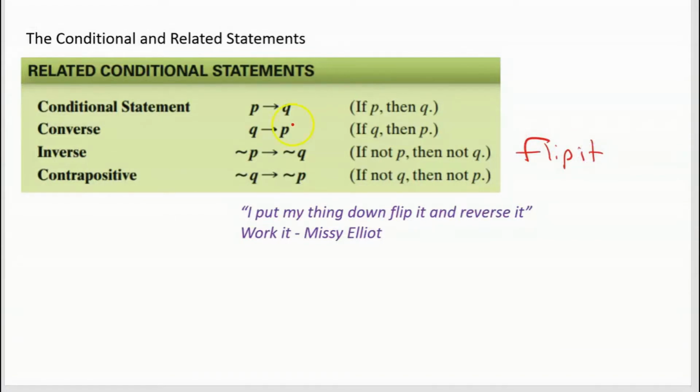And reverse it, that's your converse, right? When you reverse the order. And when you do both of these, you put your thing down, which is your conditional statement, and then you flip it and reverse it, you get the contrapositive. And there's something really important about the contrapositive, and we'll talk about that in just a minute.